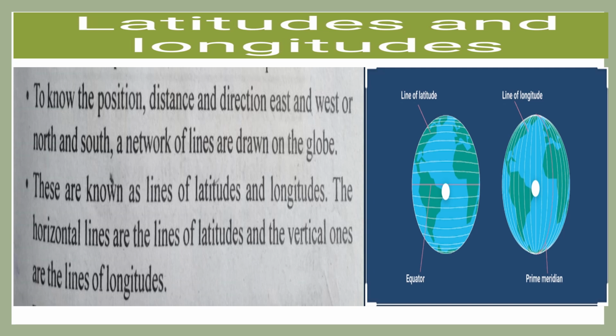These lines intersect, meaning they meet each other at right angles, that is 90-degree angles, and they also create a network called grid or graticule. Graticule is a network of lines representing meridians and the parallels.